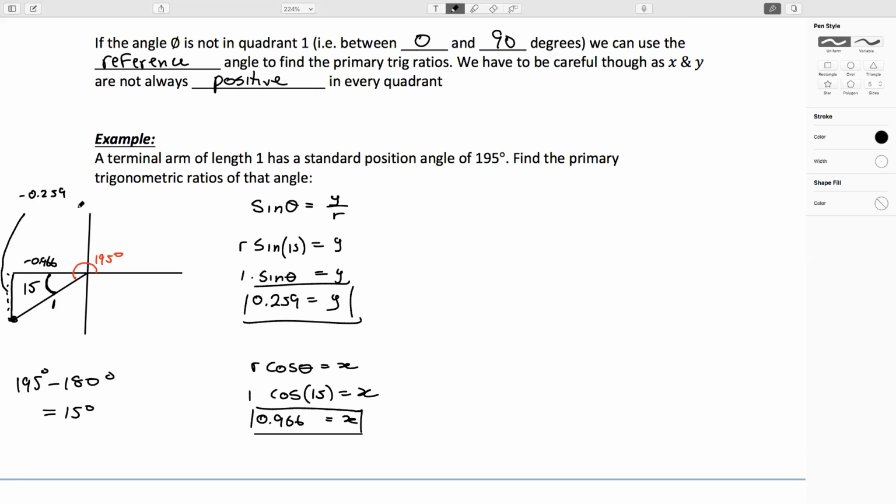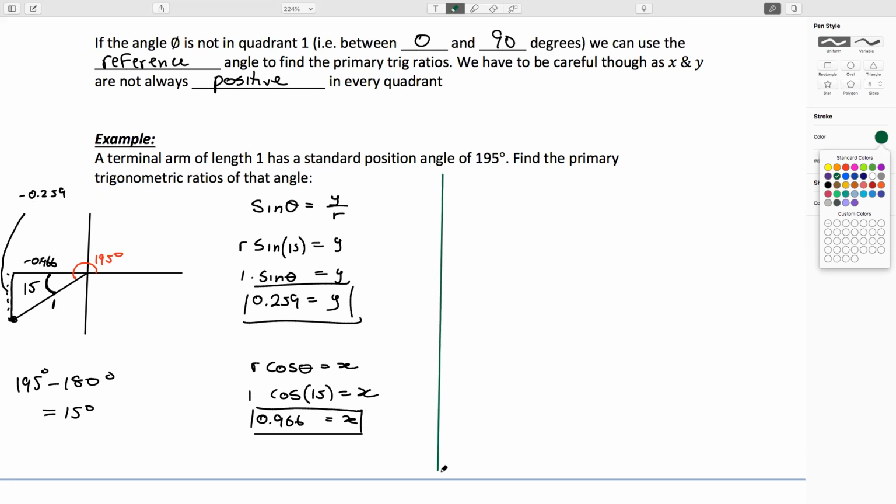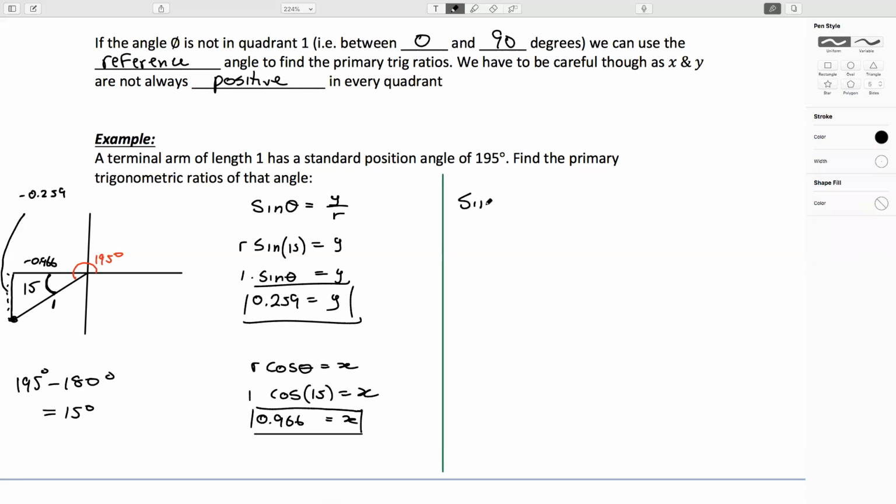We've now got all 3 sides of our triangle, and we can build any of our trig ratios, which, I mean, technically we kind of have them, but that's fine. So sine 15 is given by y over r. Y is negative 0.259.